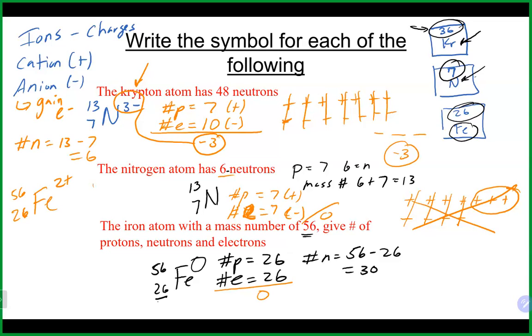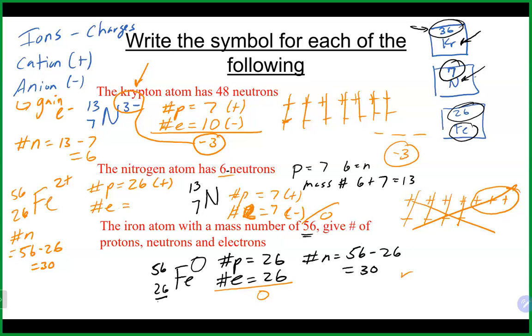The number of protons is still going to be 26, which is its atomic number. Again, that cannot change, otherwise it is no longer iron. So we're locked into that in terms of positive charge. The number of neutrons would be 56 minus 26, which is 30, just like it was down here. But now it is the number of electrons that changes.